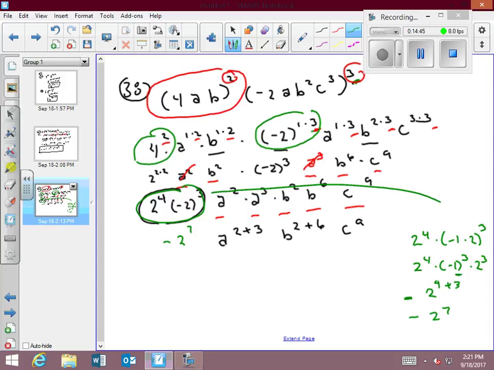Because then if we had in the denominator a 2 to the 3rd power, which would be 8, rather than dividing 8 into 128, you'd simply subtract the 3 from the 7, and you get 2 to the 4th. Just easier to do. Quicker. Does that make sense? Yeah.